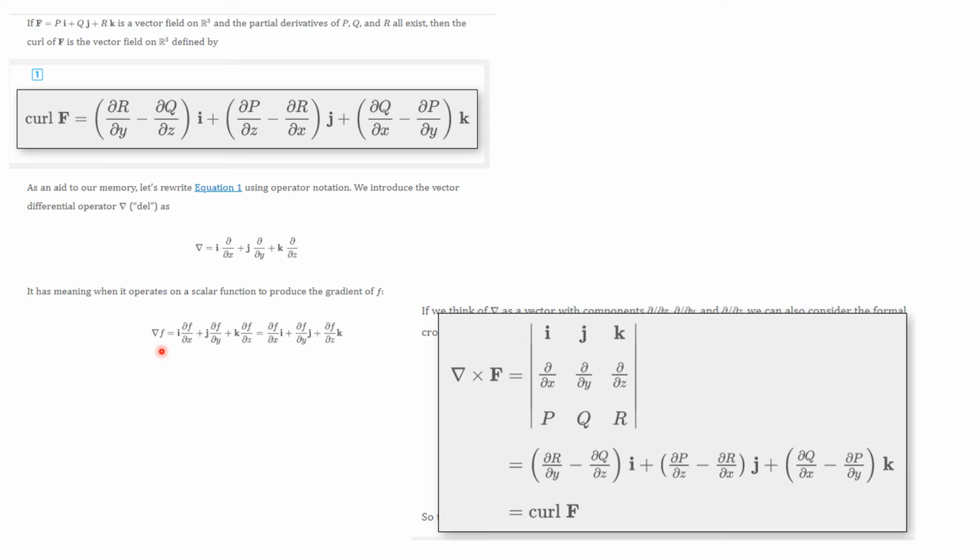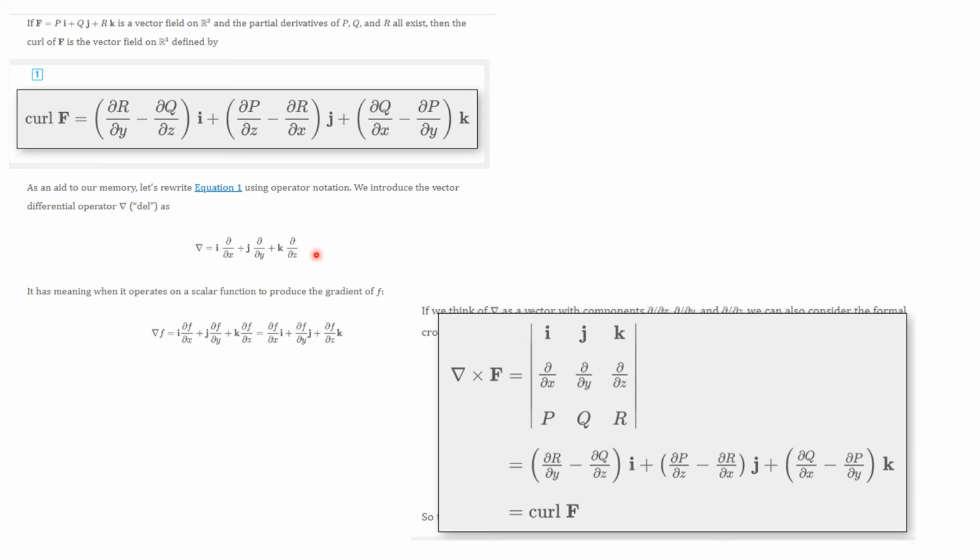So this is del f. It's this, and it ends up being this. But notice that what we're doing is adding these partials in the i, j, and k direction.